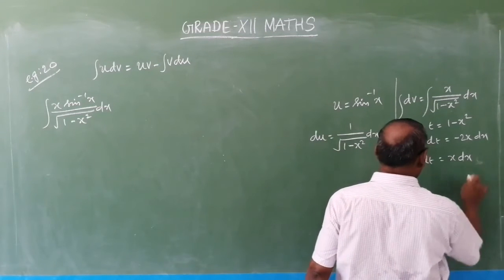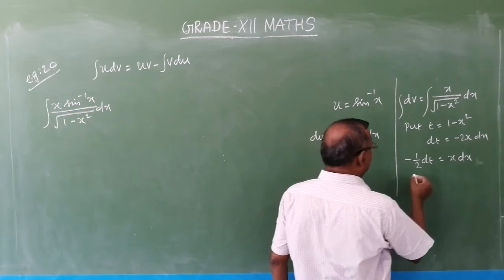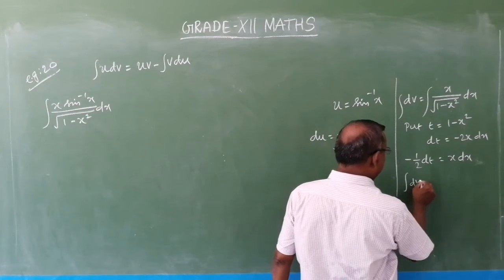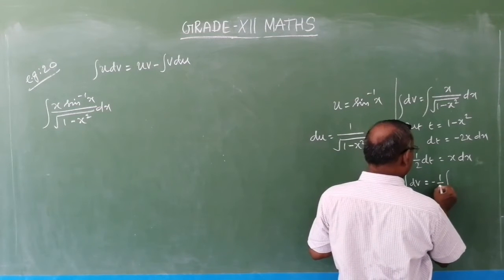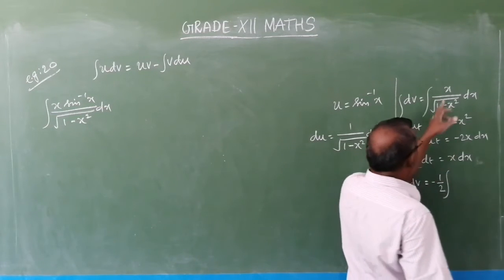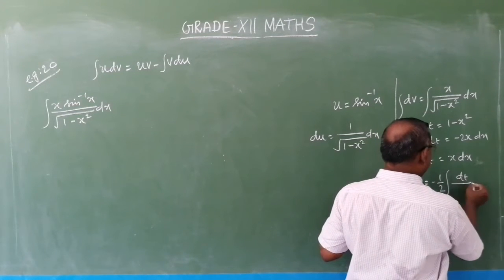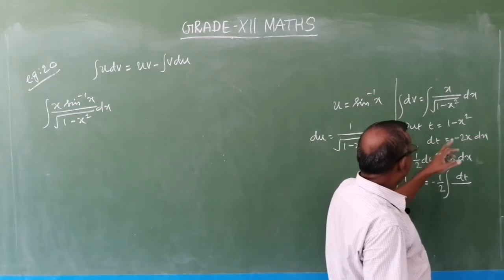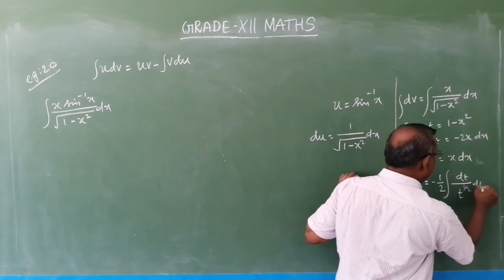So we can substitute all this. So integral dv equal to integral minus 1 by 2 into dt, in the denominator root of 1 minus x square means t power 1 by 2.